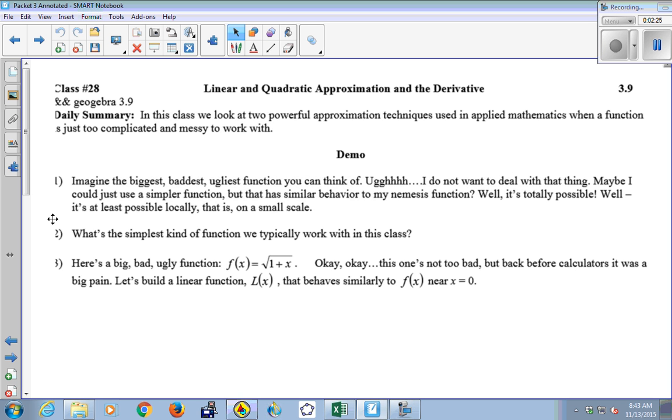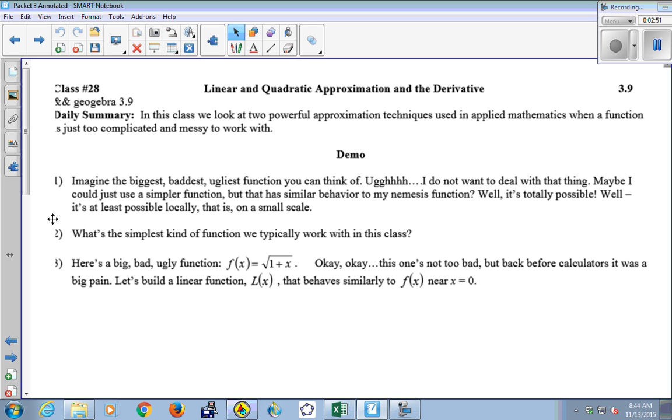Okay, so you do not want to deal with it. Like you look at it and you just go, ugh. So maybe you could just use a simpler function, but that has similar behavior to this awful function that you don't want to deal with. So that is actually very possible, at least on a small scale. Okay? You can replace a really complicated function with a really simple function that approximates it on a small scale.